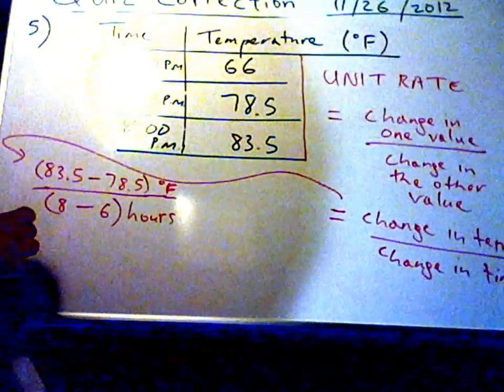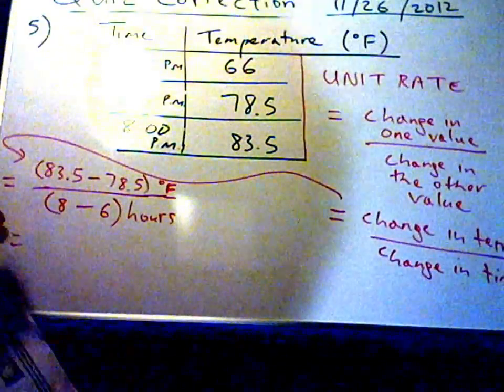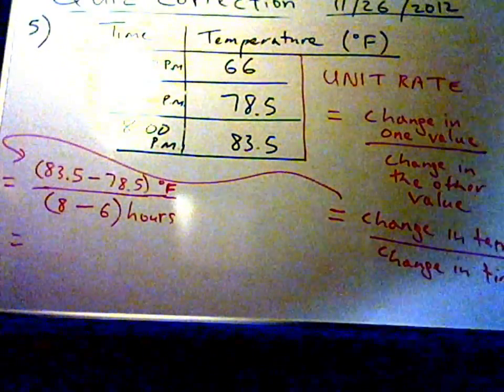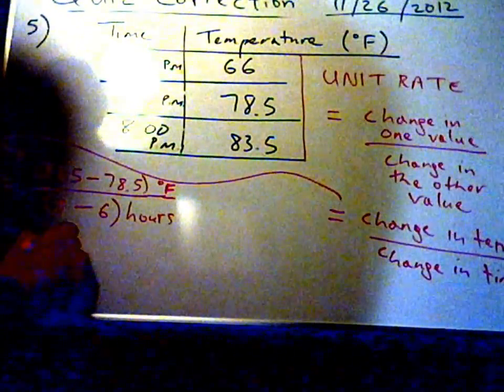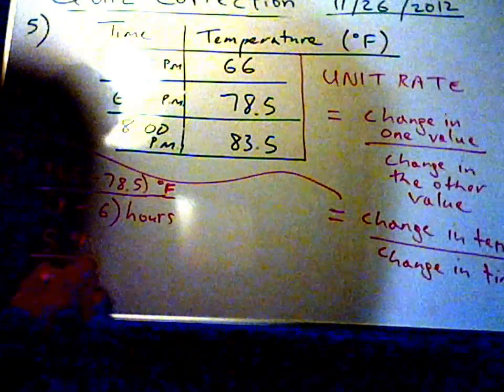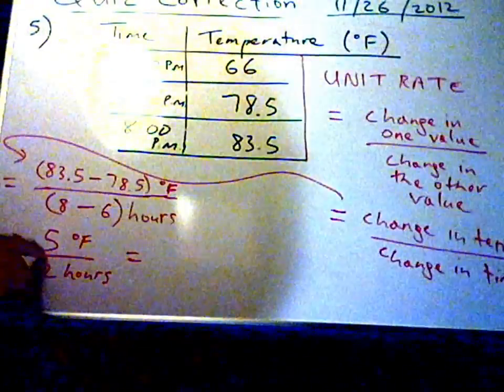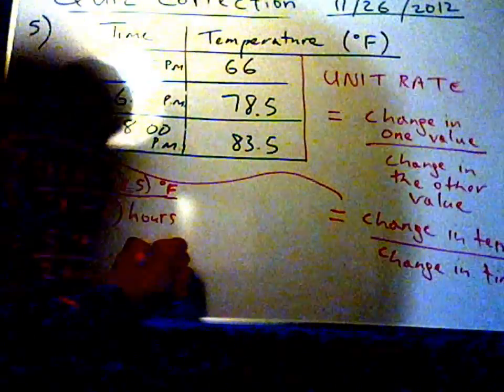Alright, so when I do that, I'm going to get 83.5 minus 78.5 is going to be 5. So it's 5 degrees Fahrenheit divided by 2 hours, which would give me 5 divided by 2 is going to be 2.5.